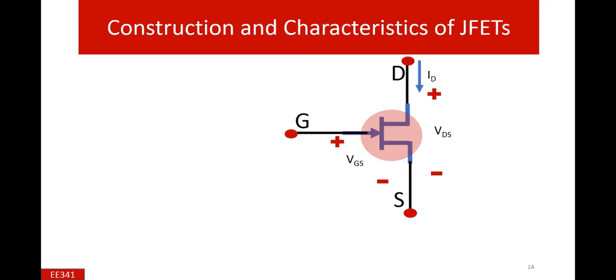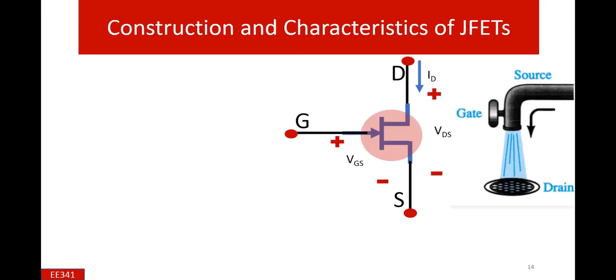There is a 100% analogy linked with this type of JFET. Here, for example, the source is the source of water, and this knob is the gate, which changes the flow of water.